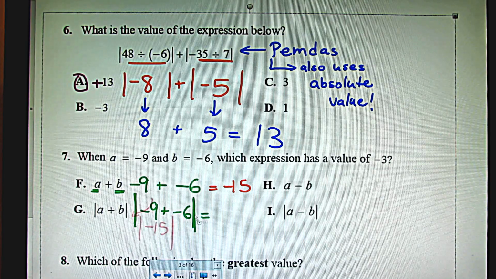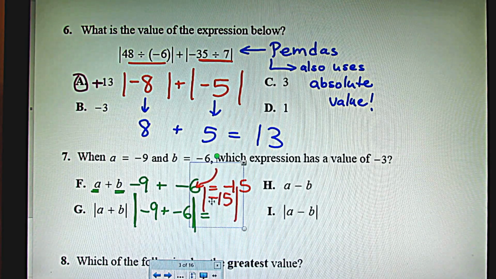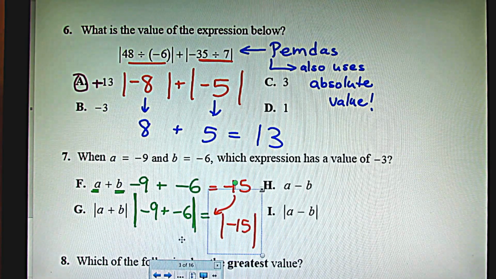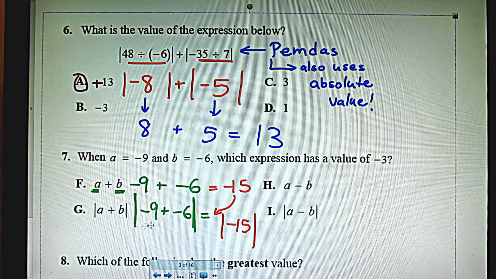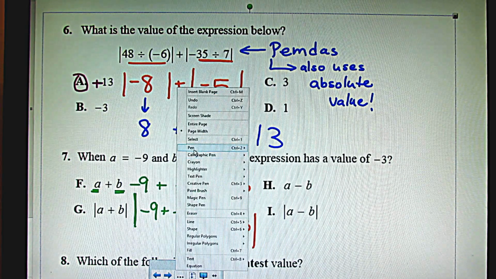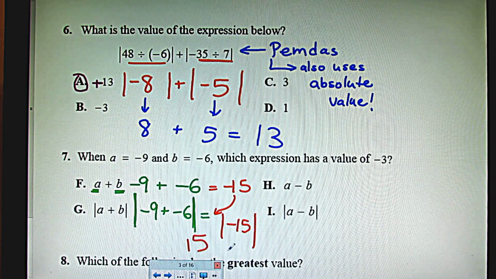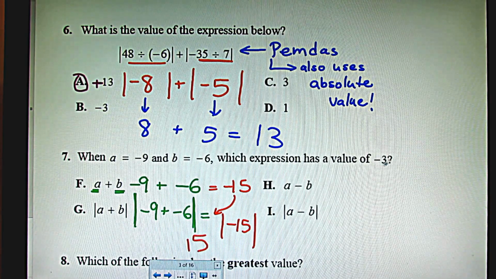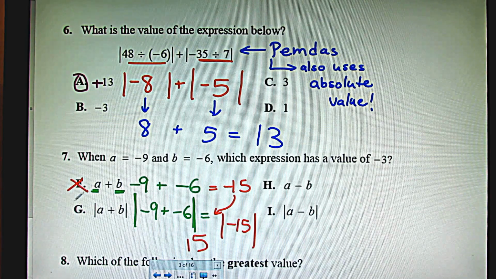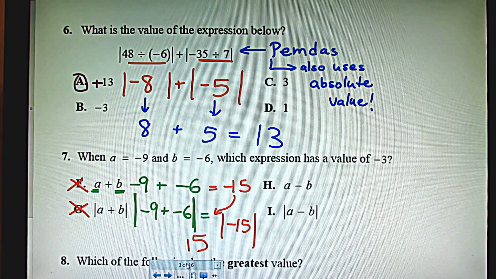I don't even have to do the math on this one. I just take the answer, negative 15, and my final answer on this one will be positive 15. So again, none of them have the value of negative 3, so I have to cross these out. These are not my answer.